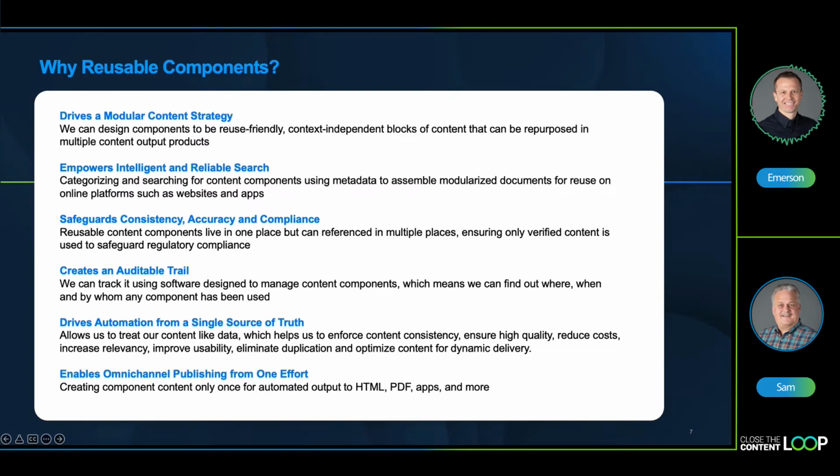Right. Yeah, get it. And within there as well, you'll see safeguards, consistency, accuracy, and compliance. I mean, this is huge again, Sam, right? Yeah, the regulatory compliance in any industry is often critical to avoid legal and monetary consequences for failure. Not only is the accuracy of content imperative, but the timeliness or expiration of content is also very important.